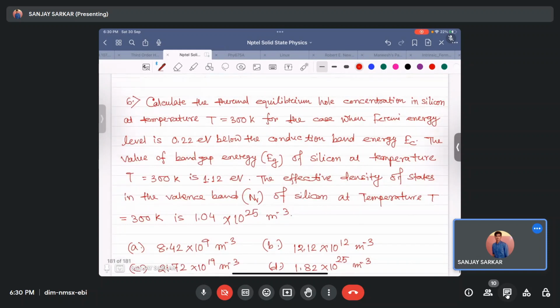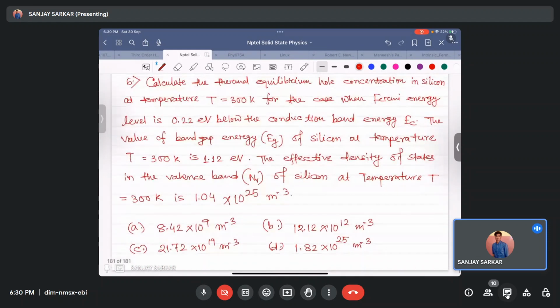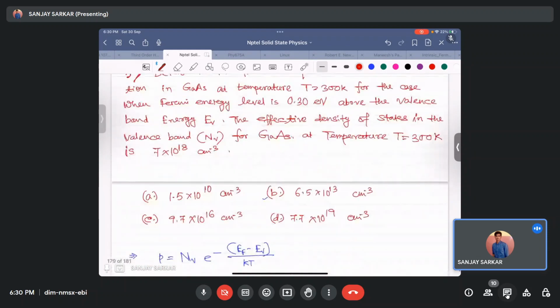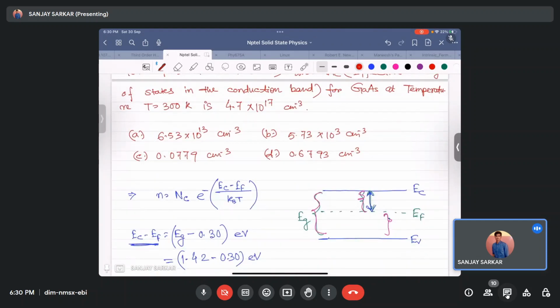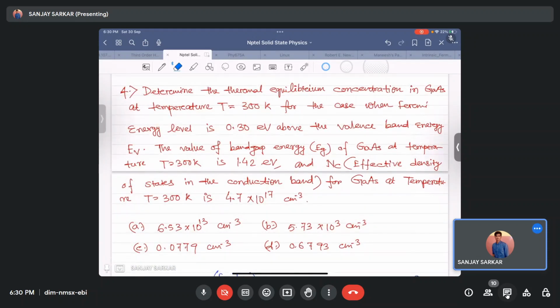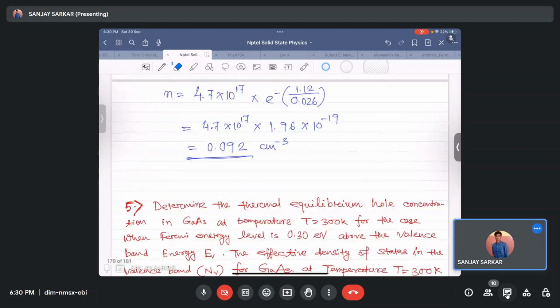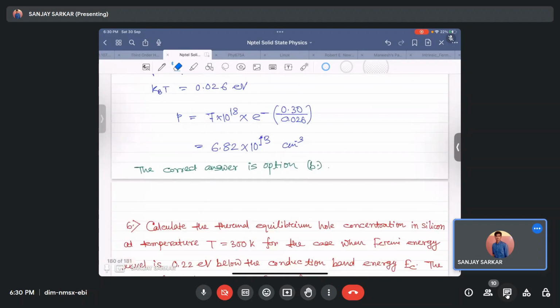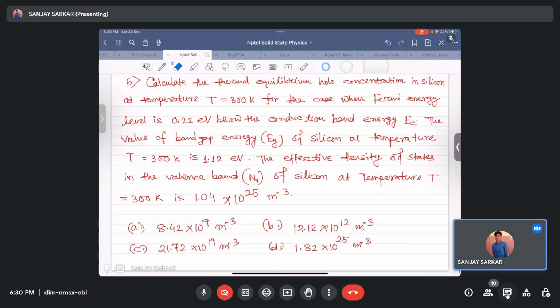Then what is the thermal equilibrium hole concentration? You can calculate this. It is almost the same as this question. Here we calculated the thermal equilibrium concentration in the conduction band, and here we are calculating the concentration of hole. So using the same concept you can calculate this. Calculate this and let me know the answer.